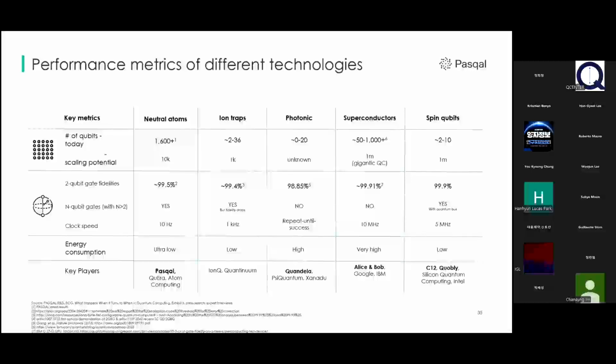All of them relate to the fact that information itself can be imperfect depending on the technology. So for instance, for superconducting or spin qubits, you need to manufacture the physical entity that encodes the quantum information. Manufacturing always has imperfections. Other technologies like neutral atoms or trapped ions use nature to define the physical quantum bits, so there are no imperfections in that regard.